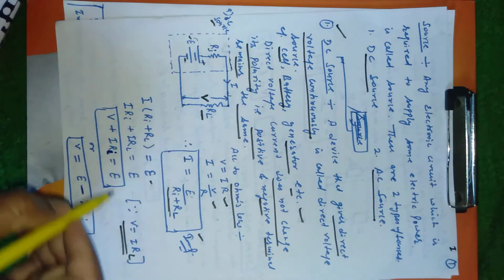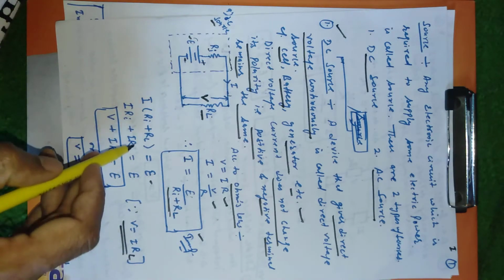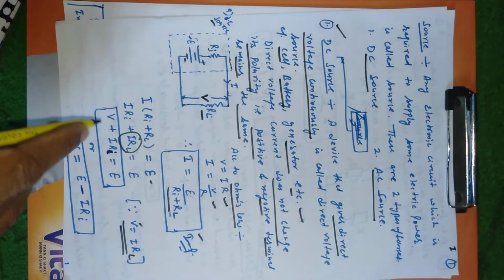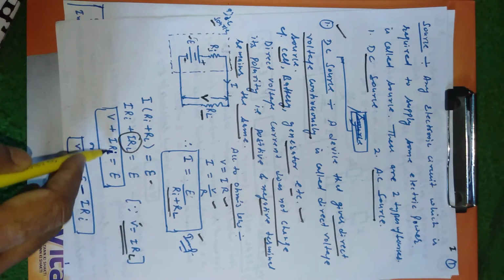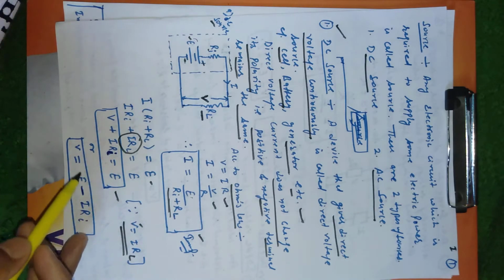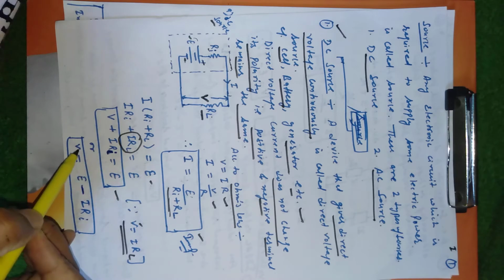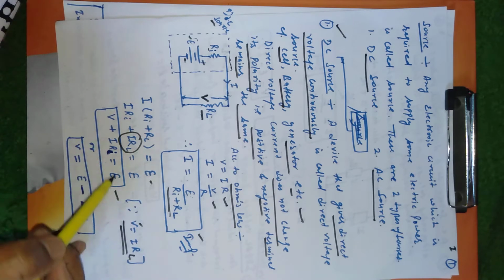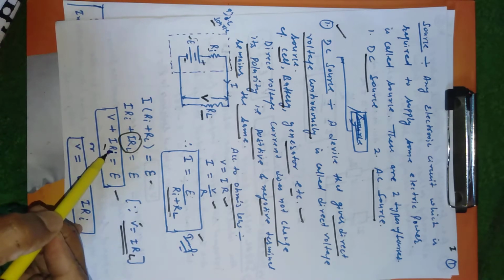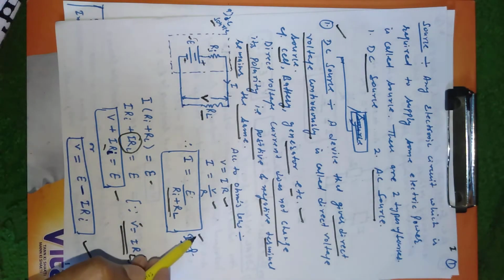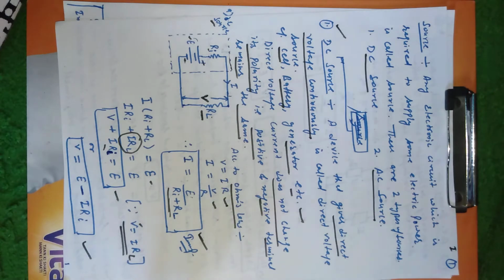Therefore I RL is equal to V. So putting this V for I RL, E is equal to I Ri plus V, so the output voltage V is equal to E minus I Ri, taking this to the other side it is negative. So you will get the equations for the current and the voltage.